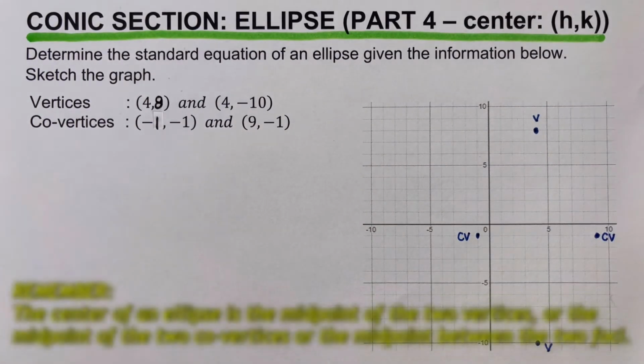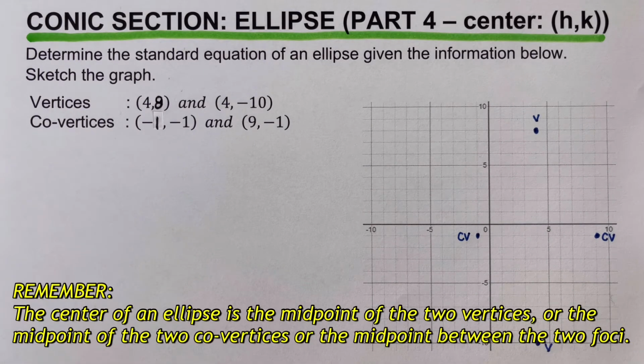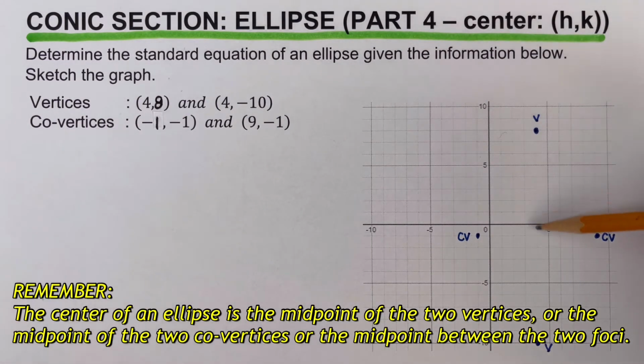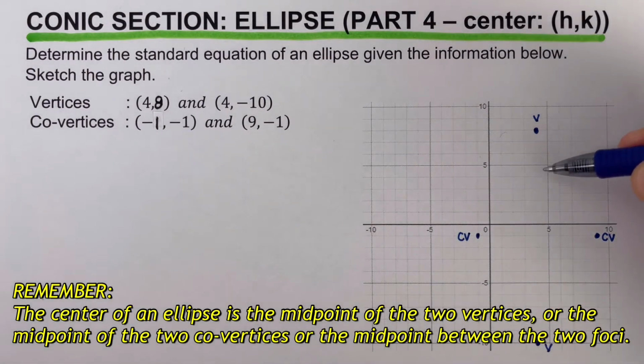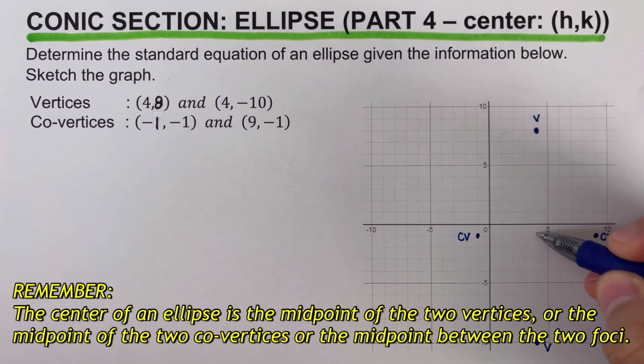Now we remember that the center of an ellipse is the midpoint between the two vertices, or the midpoint between the two co-vertices, or the midpoint between the two foci. So we're going to determine the middle point between these two vertices, or between these two co-vertices. We can go ahead and say that our center is actually located here.